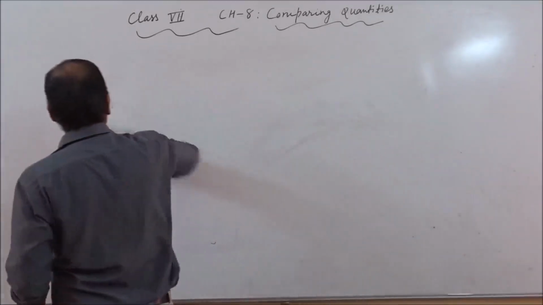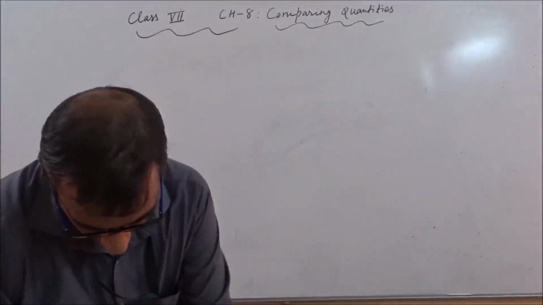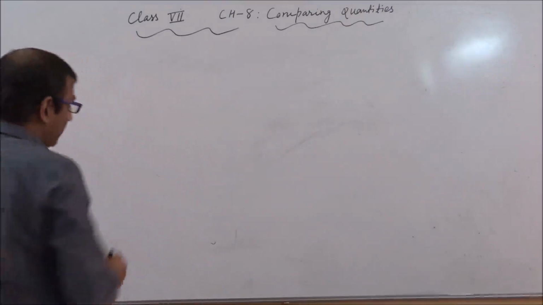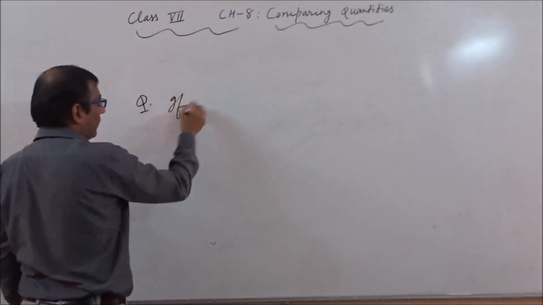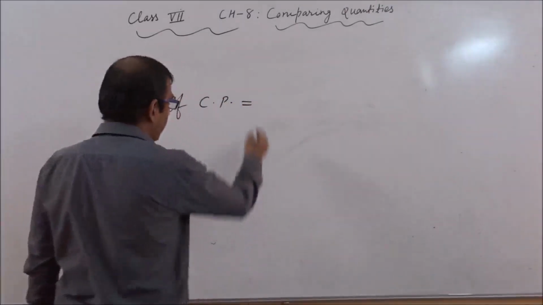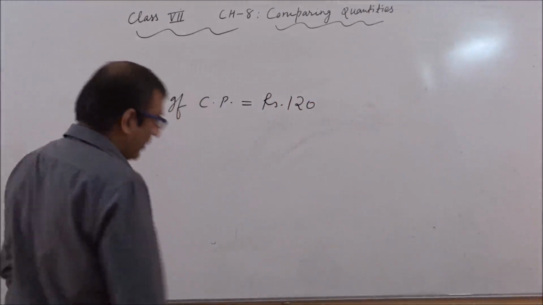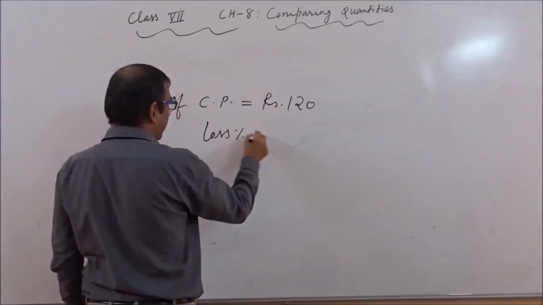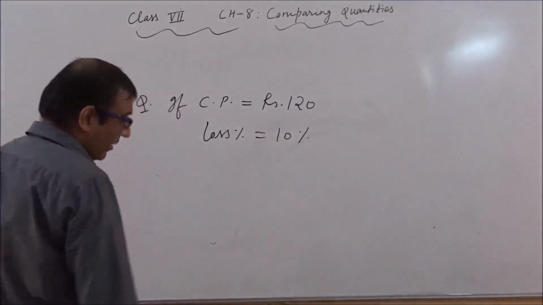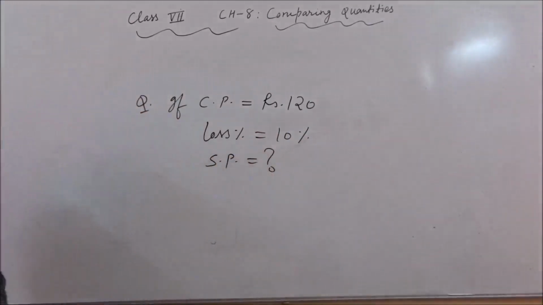If the cost price of a particular object is rupees 120, and loss percentage is 10%, then how can we calculate the selling price of that particular object? This is the question and we have to solve it.